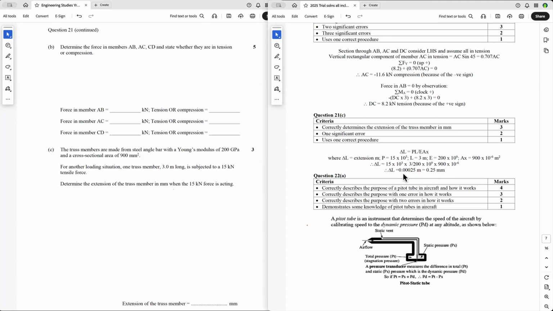The answer will be in meters, and we want it in millimeters because it's asked down here, and so it's 0.25 millimeters.